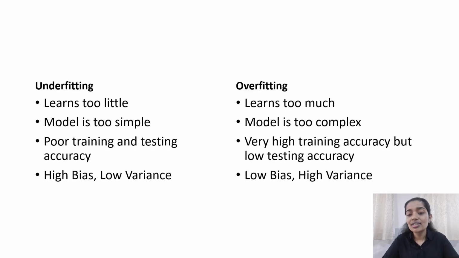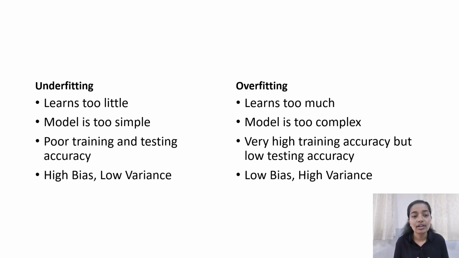So he doesn't understand the concept, he doesn't even go through each and every example covered in the class. So the student learns very little. That is underfitting. When it comes to overfitting, the student goes through those 10 examples 10 times, such that the student ends up memorizing each and every example.